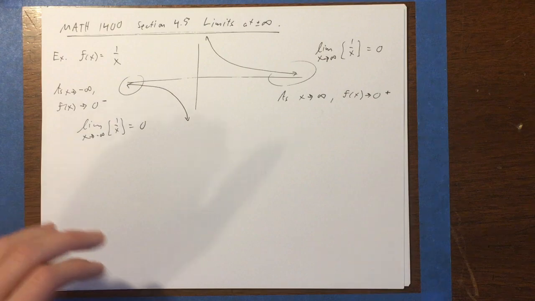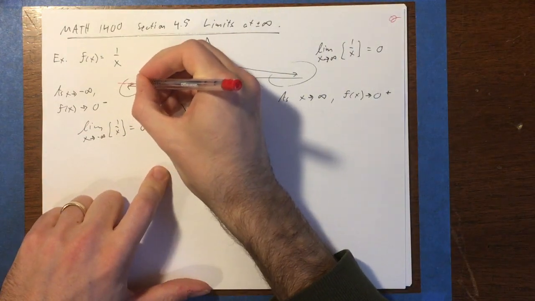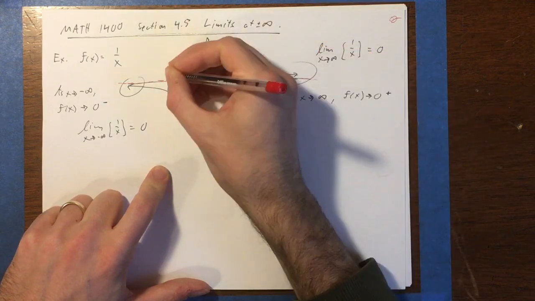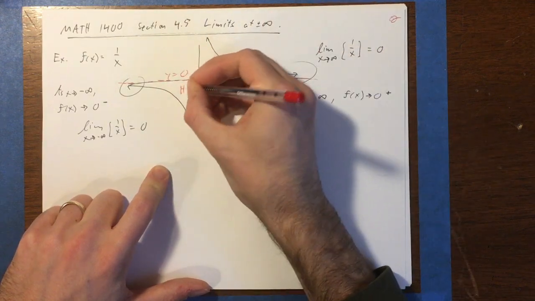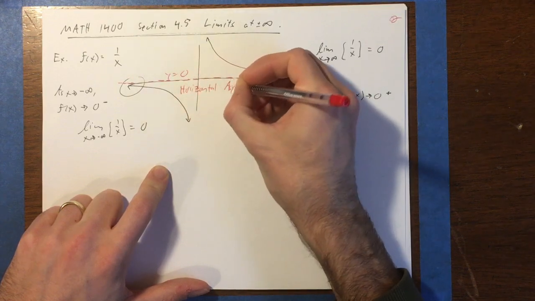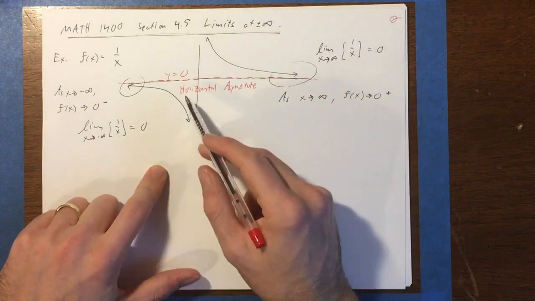What's going on here is we have a horizontal asymptote. This horizontal line right here at y equals 0 is a horizontal asymptote. That is something you would have learned about back in pre-calculus or college algebra.